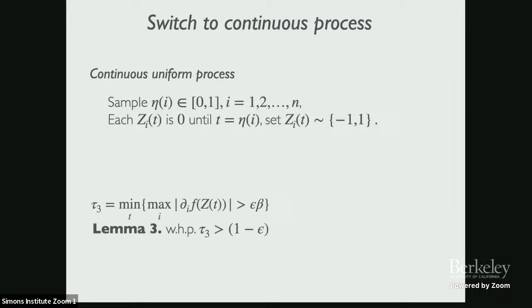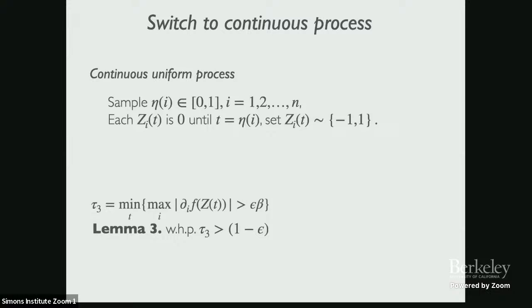So now our goal is just to analyze the first time that the partial derivative of our function evaluated at points sampled in this way becomes too large. And we want to show that the stopping time is at least 1 minus epsilon.